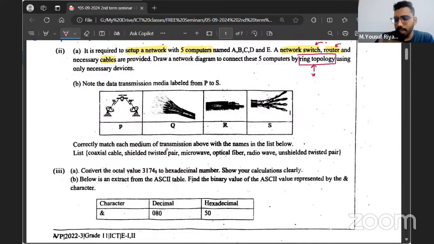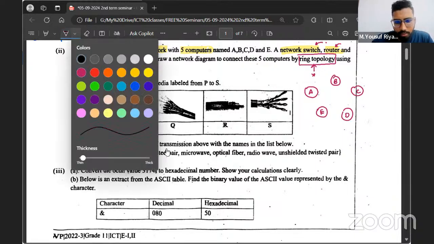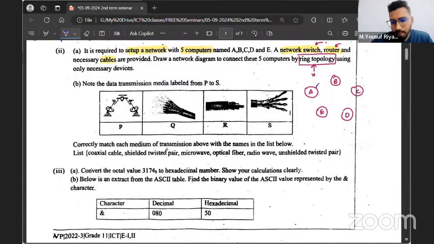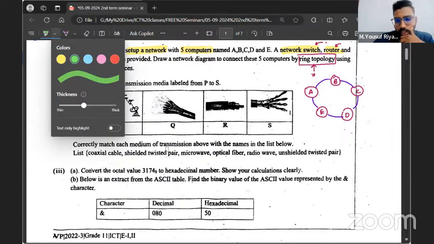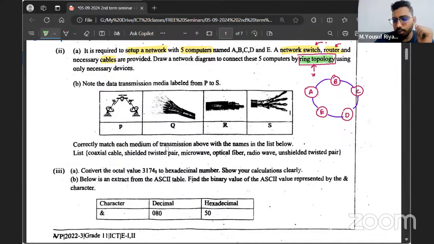Again, no. In ring topology, all the devices are connected to one another, which means let's say I have 5 computers: computer A, computer B, computer C, computer D, and computer E. Each of these computers is connected with one another in something like this. This is how the ring topology would be like. As the question says, they want the network to be in a ring topology. This is how your diagram should be.